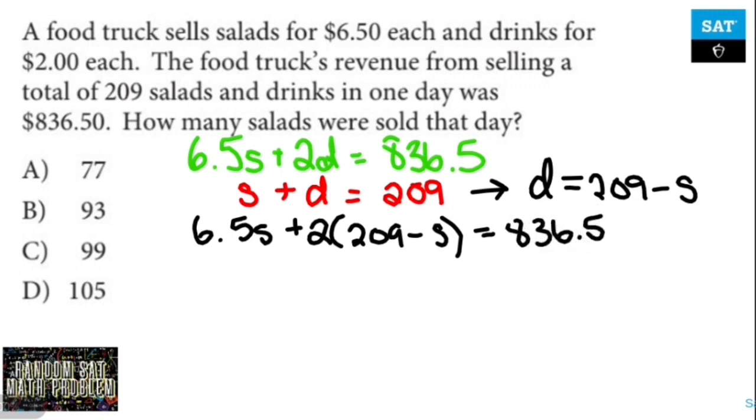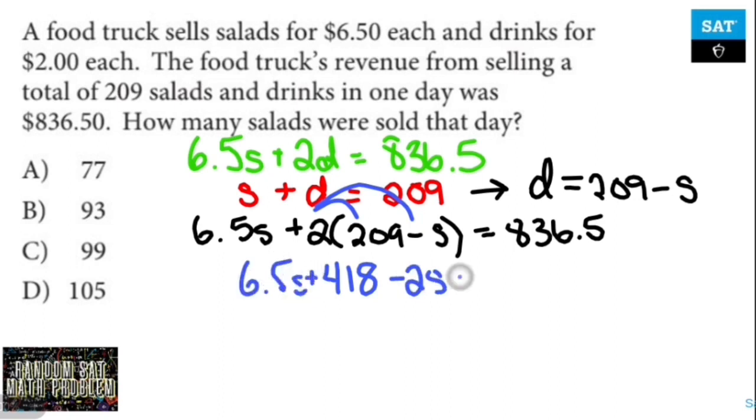I now have distributive property I have to deal with, so let me get that out of the way. That becomes 418 minus 2S. The 6.5S still just drops down, comes along for the ride. That's going to equal 836.5.